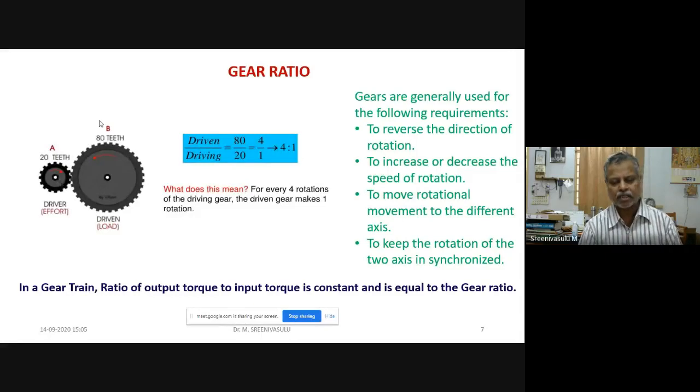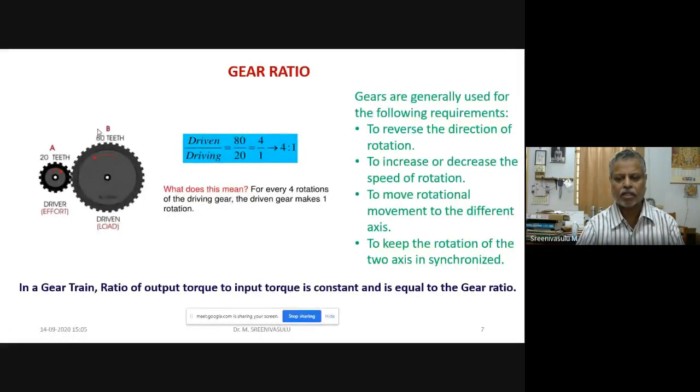This process reduces the speed of the output shaft, or of the driven shaft. The other way, if your requirement is to raise the speed, B wheel has to be attached to the driver, then A wheel is converted to the driven, and that is how it is going to be.